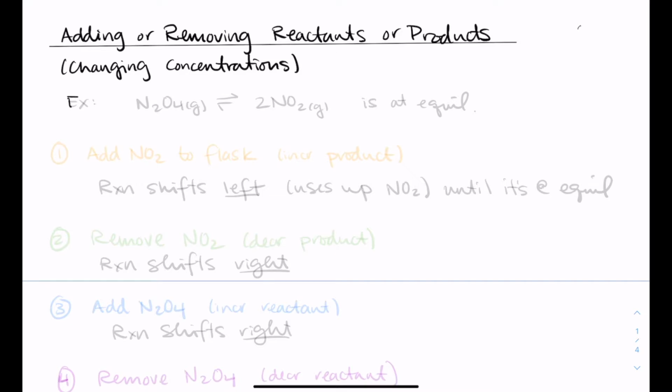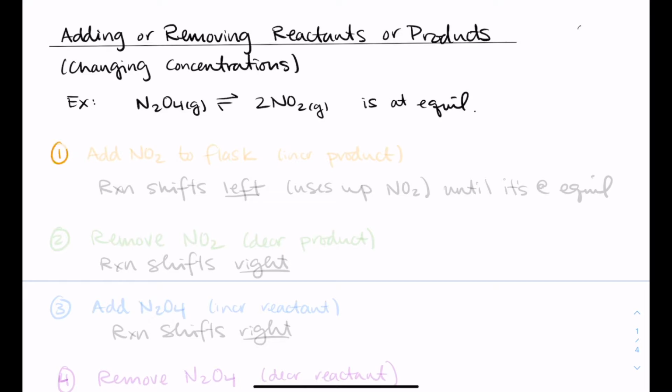Okay, so if this reaction is at equilibrium and my first thing, I add NO2 to the flask. So I increase the amount of product. So in my balance of products over reactants, I have too much product to be at equilibrium.